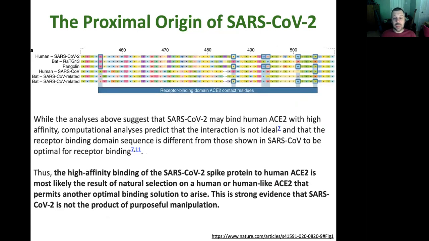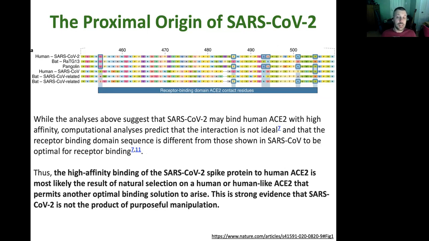They know that because, and I want to cut to the chase here, what's in bold, this spike protein, again, a portion of it is shown at the top here, binds to the human ACE2 in a very tight way, but there is evidence that it was not done by humans, because the changes that were made are not obvious and were most likely to have arisen by natural selection.